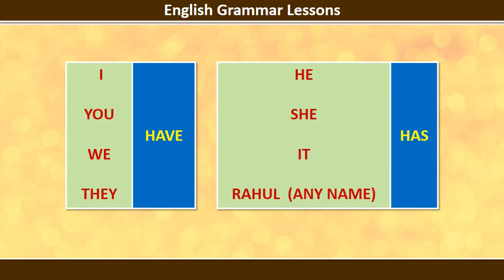Okay, yes, for have we will be using I, you, we, they, and has he, she, it or any name. She has a pet. He has a car. Rahul has lots of money. Okay, yes, according to the subject you can use have and has.